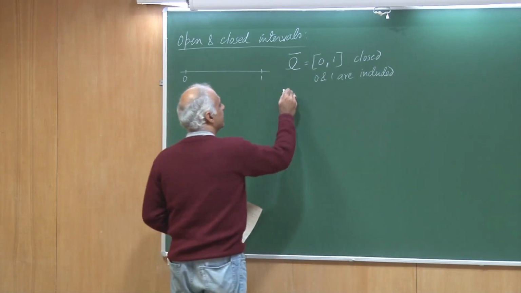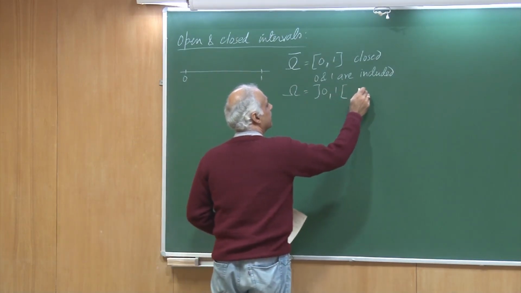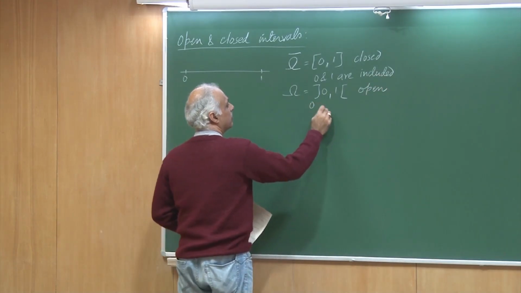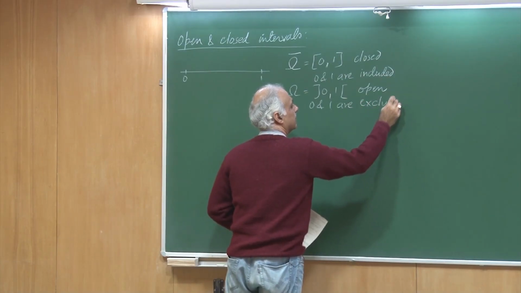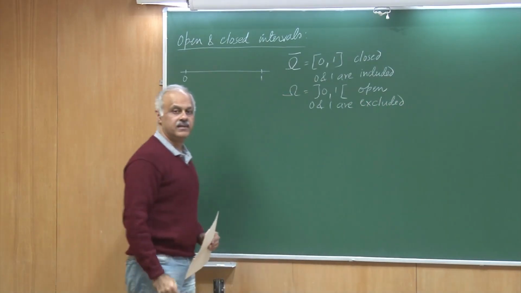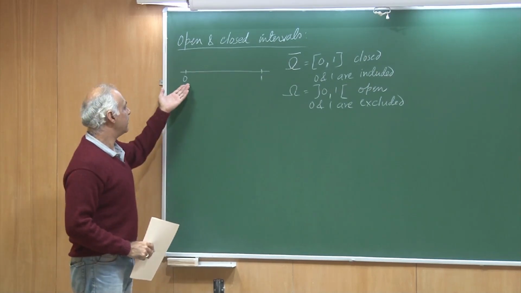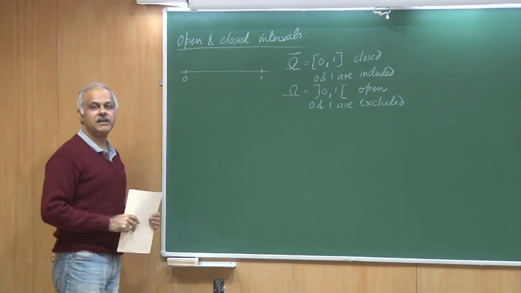On the other hand, I could talk about an open interval wherein 0 and 1 are excluded. So 0 to 1 is just an example. This could very well have been A to B. And I can also generalize this in multiple dimensions.